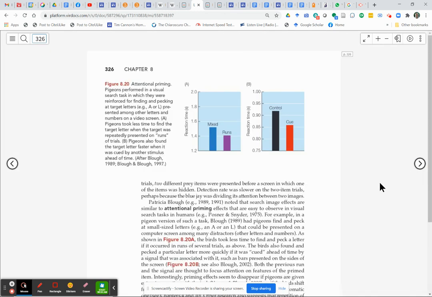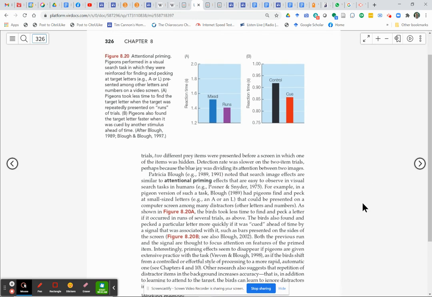So there are data from Blough and Blough, mixed and runs, and reaction time. Faster reaction time means better performance. So with the runs on the left, you're getting faster, and if you get a cue, you're getting faster.